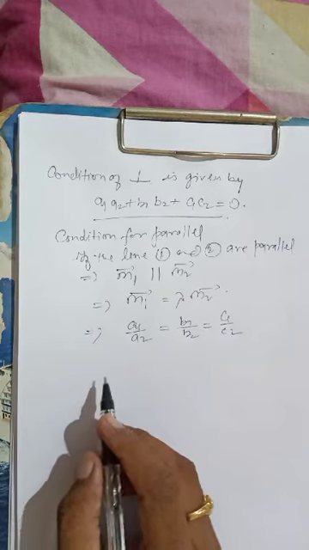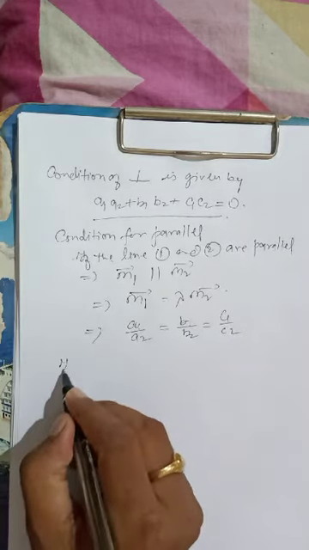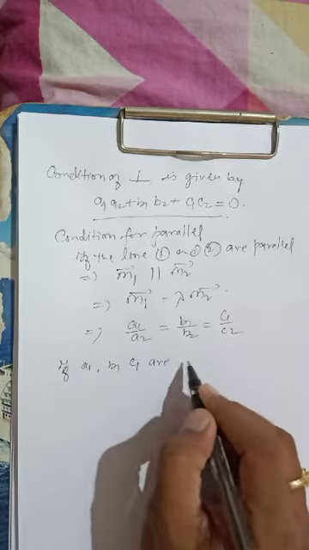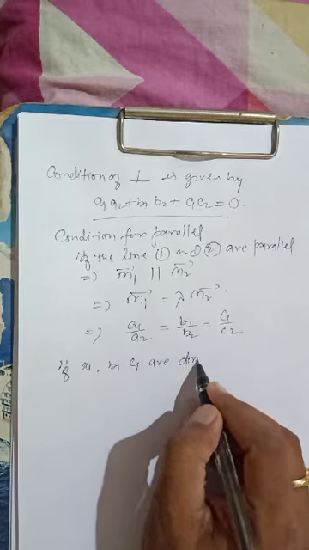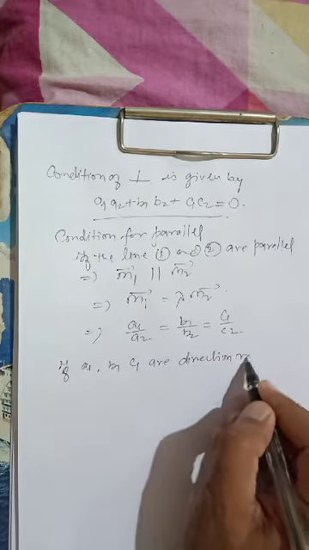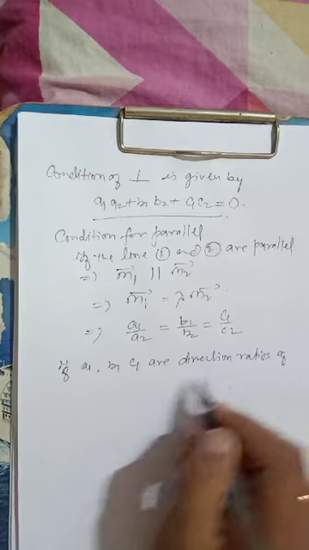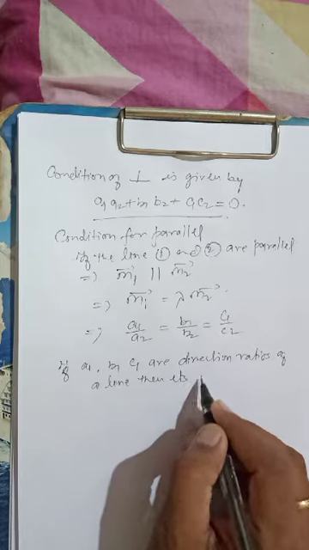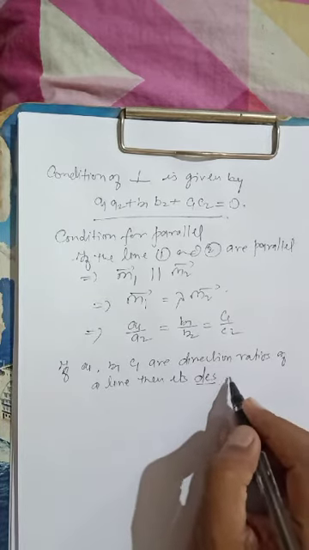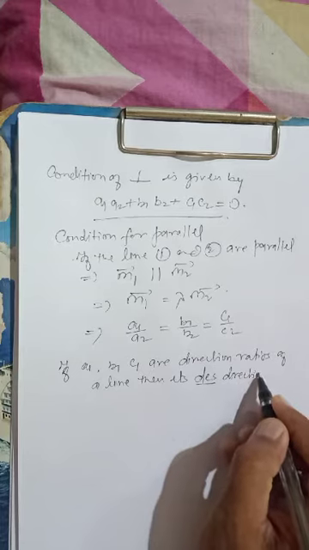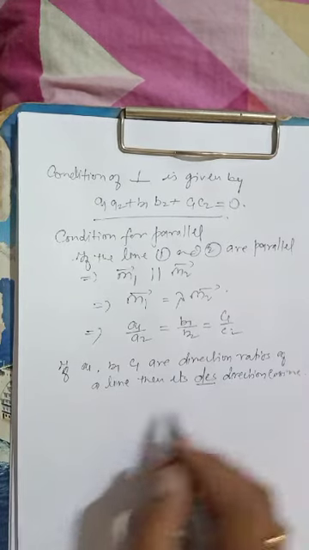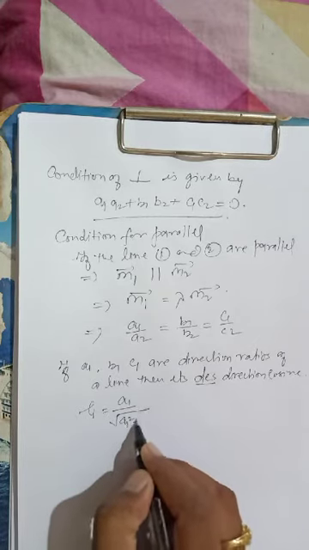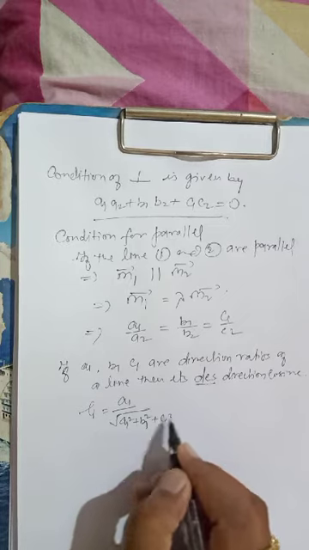As I explained in our previous class, if a1, b1 and c1 are direction ratios of a line, then its DCs, direction cosines, are given by l1 equal to a1 upon under root a1 square plus b1 square plus c1 square.